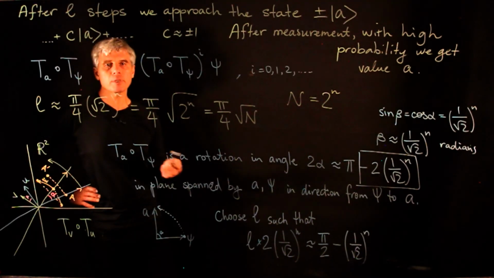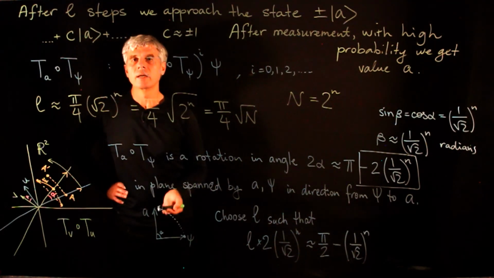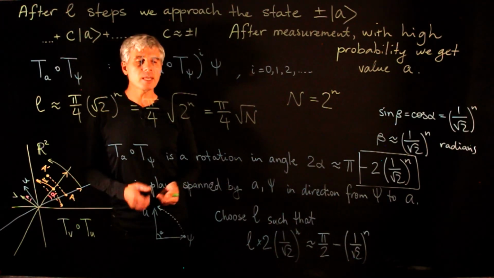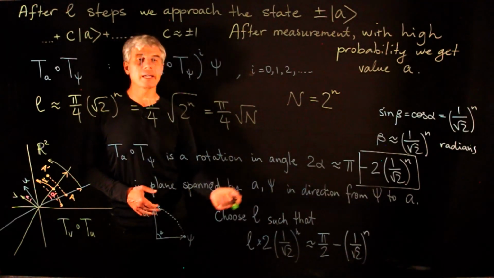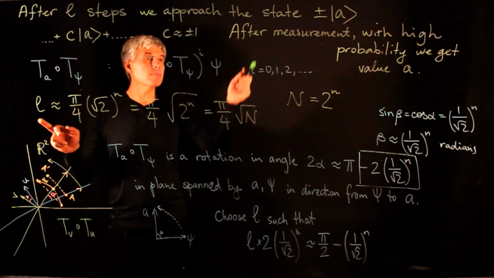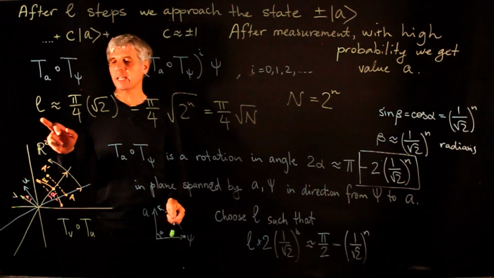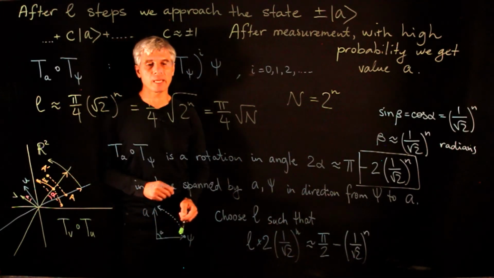So what happens if the equation f of x equals 0 has two solutions? Well, if we know the number of solutions, then this algorithm may be modified, and we can run the same algorithm, but the value of L will be different. So we need a slightly smaller number of steps.